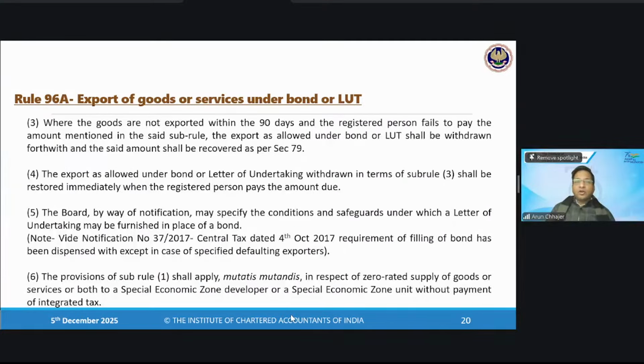Where the goods are not exported within 90 days and the registered person fails to pay the amount mentioned. So one, the goods were not exported in 90 days, plus he failed to make the payment.